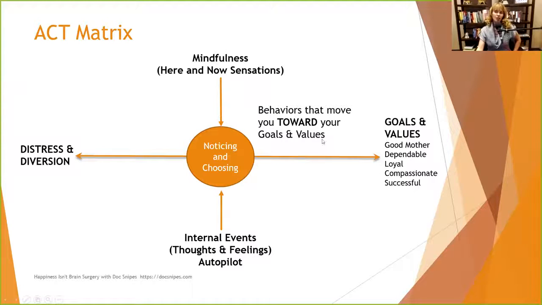So the first thing you want to identify is in general. Now, we're not talking about a specific situation here, but in general, in order to move you towards your goals and your values, what behaviors do you do or could you do that would move you toward those goals and values? And this, if you have your sheet here, kind of jot those down in this upper quadrant, behaviors that you could do to move you toward your goals and values.